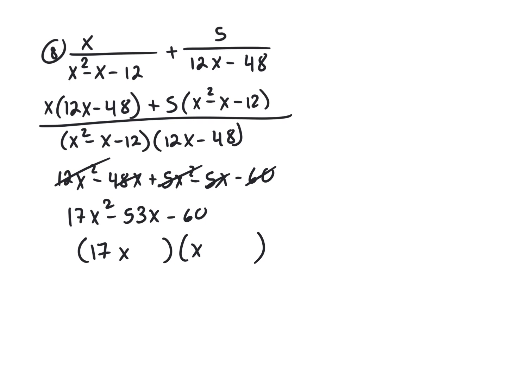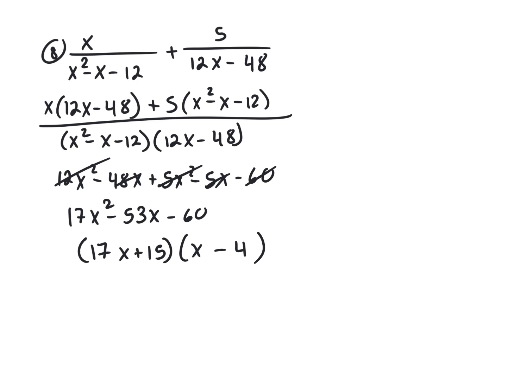I was looking at the factors of 60 on my phone, and I got the factors that would work as positive 15 and negative 4. When I do that, I'm able to get negative 53 and negative 60, which is exactly what we're looking for. So we have the numerator.